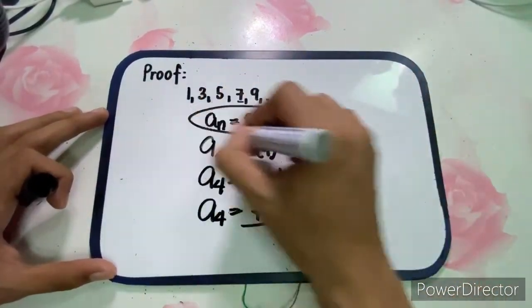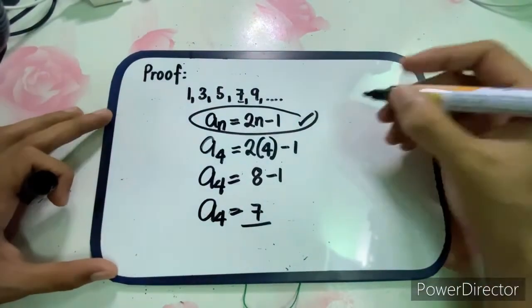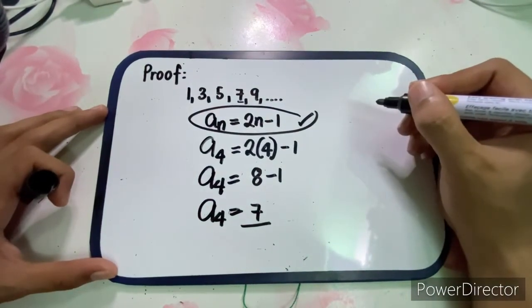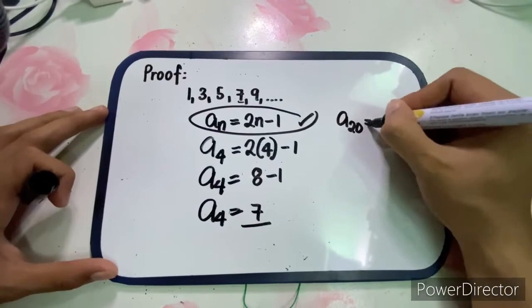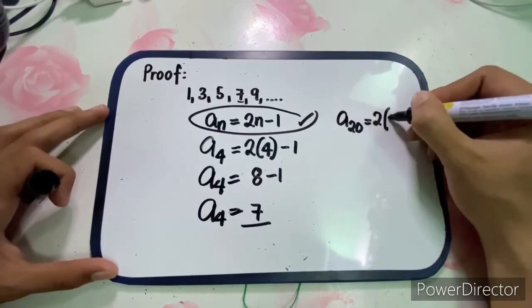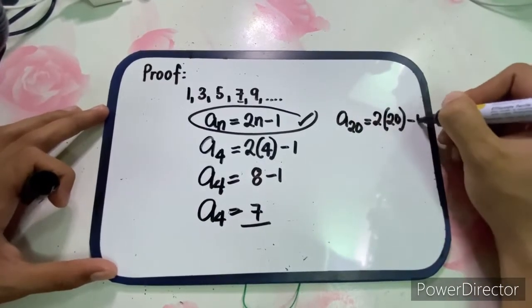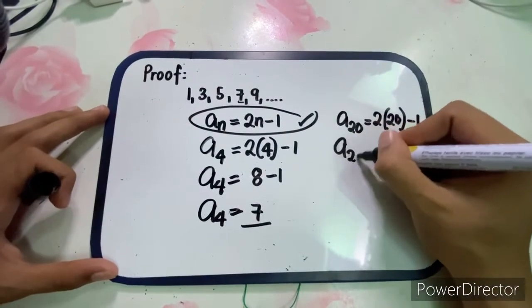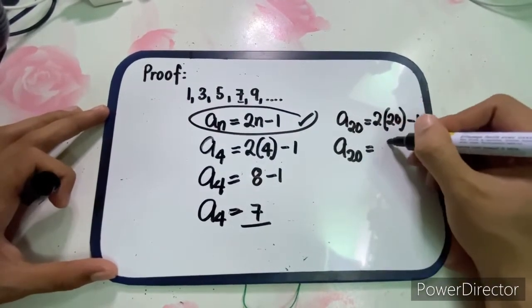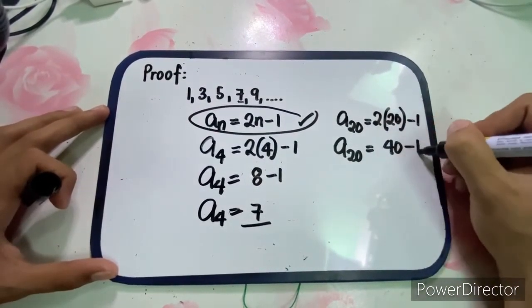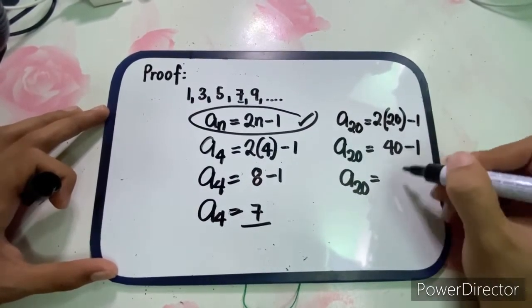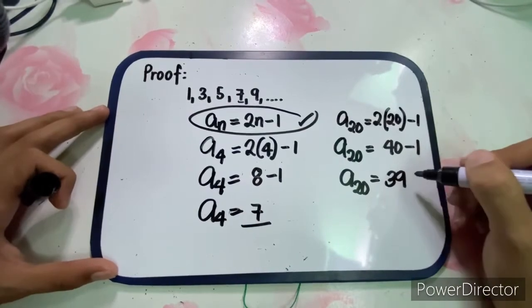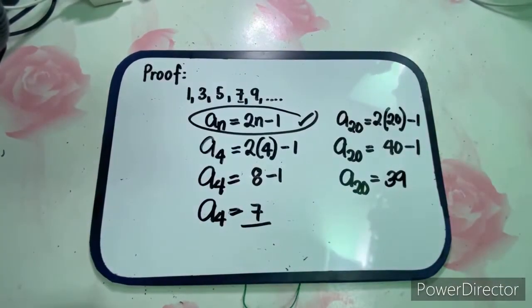Now if we need to find the 20th term, a sub 20 is equal to 2 times 20 minus 1. So a sub 20 is equal to 2 times 20, 40, then minus 1. Therefore a sub 20 is 40 minus 1, which is 39.